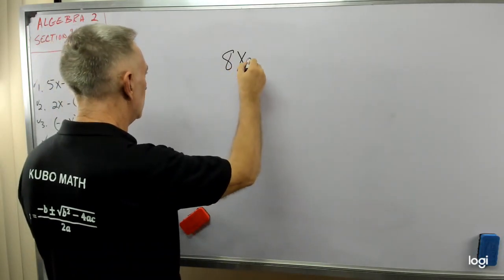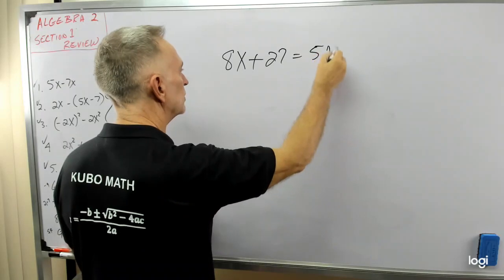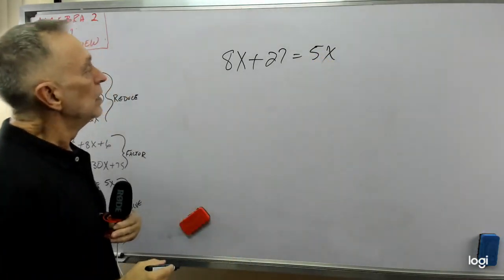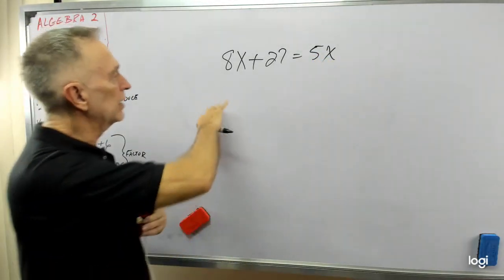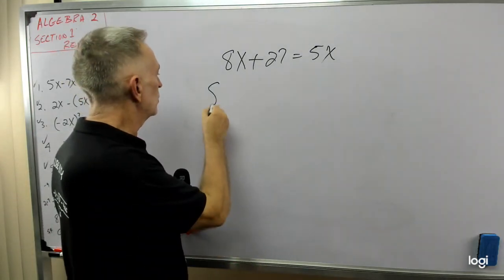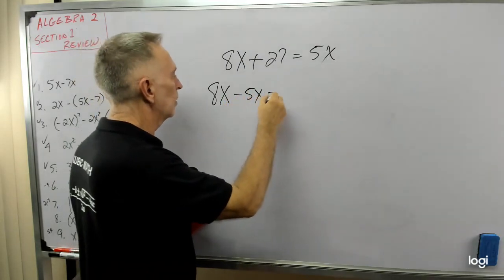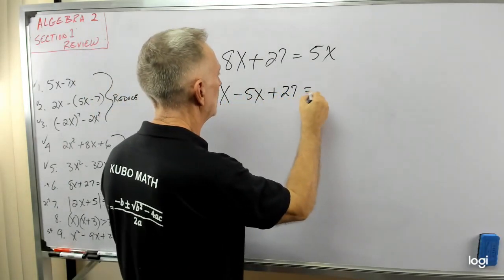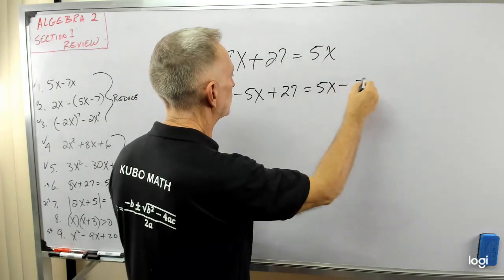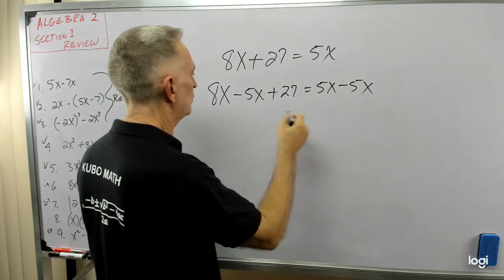8x plus 27 equals 5x. Well, I have x's on both sides, so let me collect those. So 8x minus 5x plus 27 equals 5x minus 5x. I've subtracted 5x from both sides.